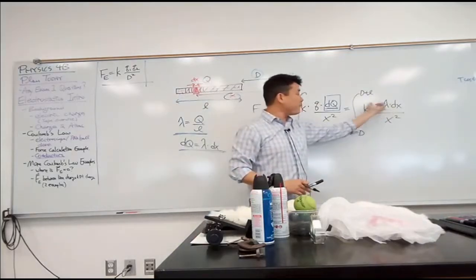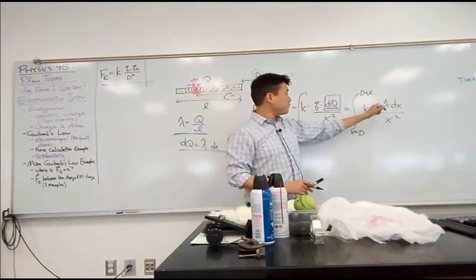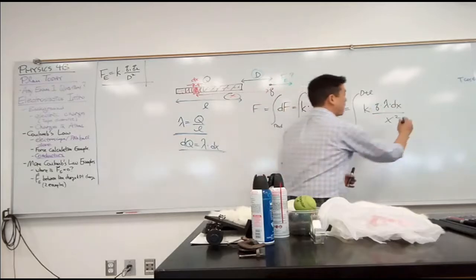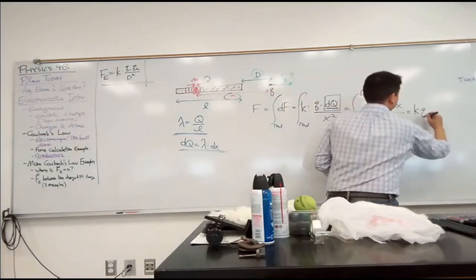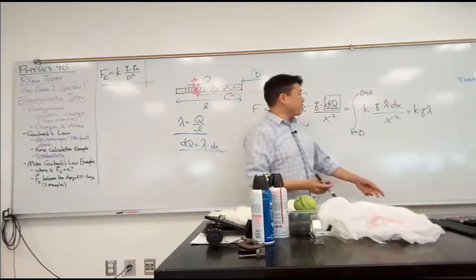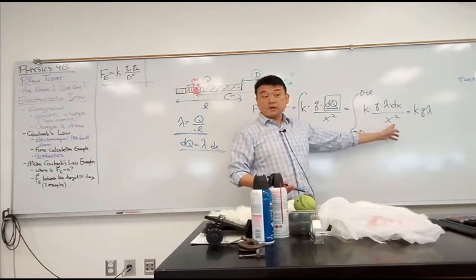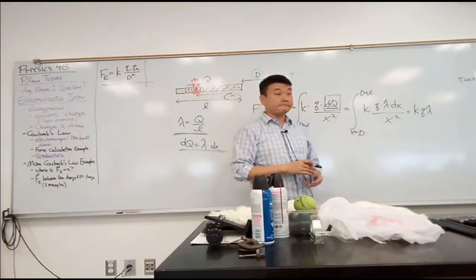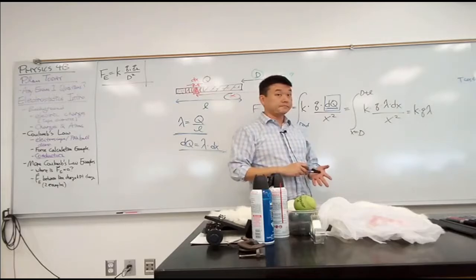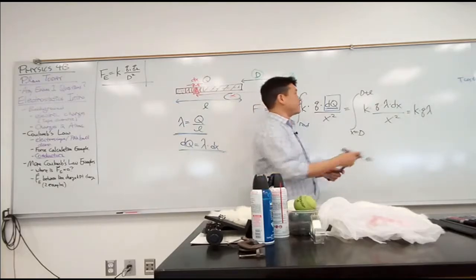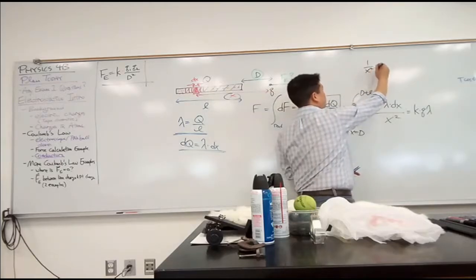I'm going to pull out everything that's constant: k, q, lambda. The only thing that's remaining is dx over x squared. What's the antiderivative of that? What's the antiderivative of 1 over x squared?